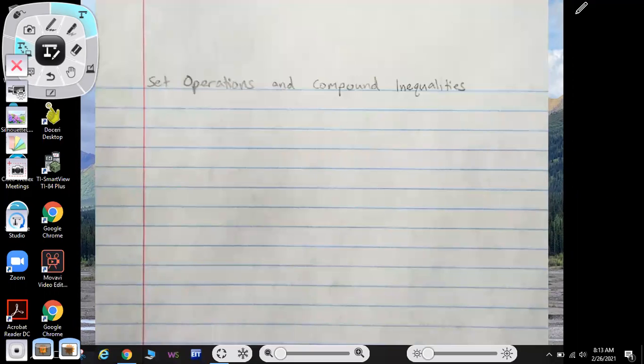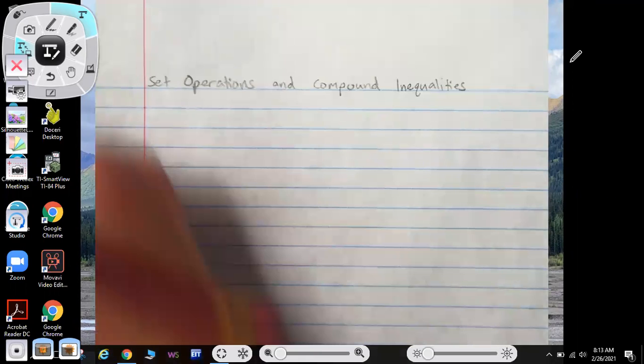Okay, set operations and compound inequalities. We're going to write some definitions.